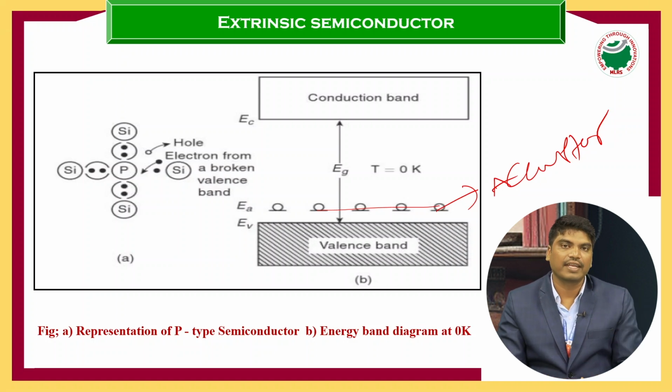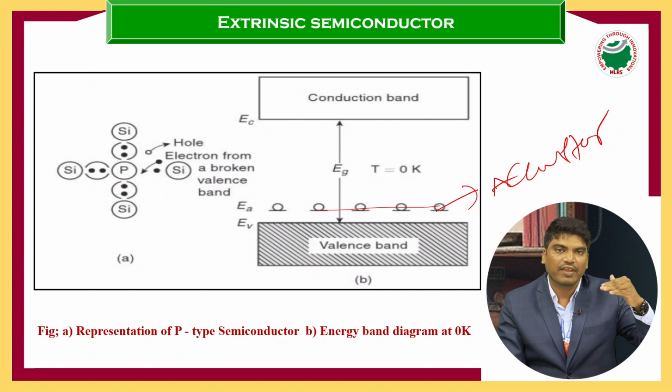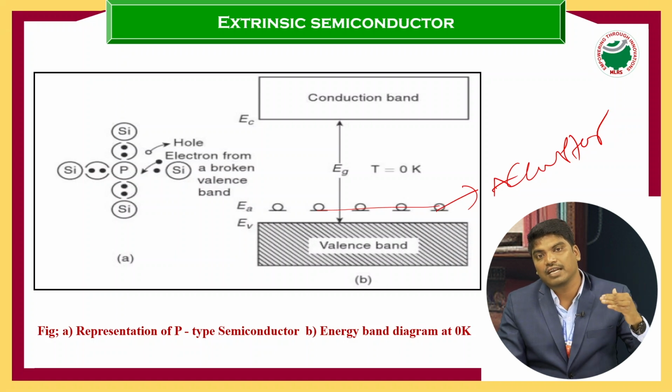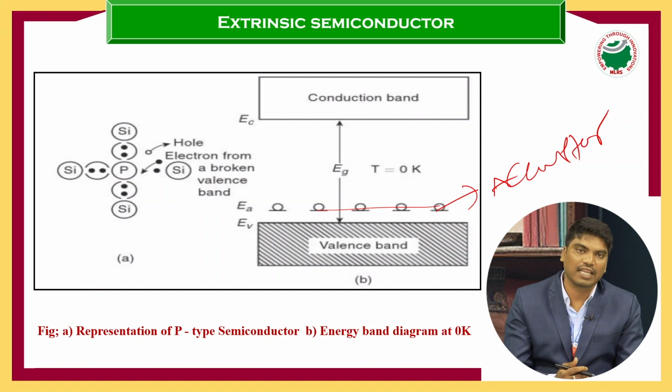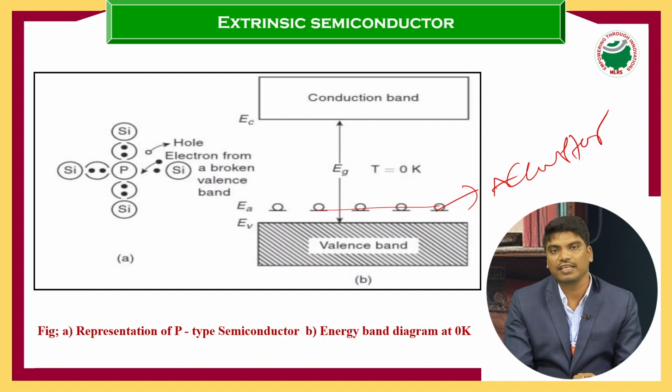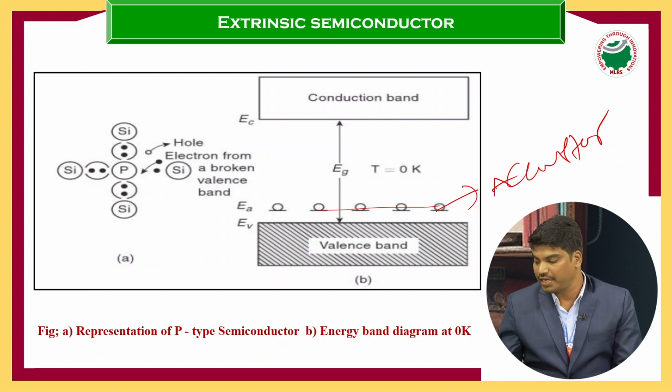In the N-type semiconductor, the number of electrons in the conduction band is always greater than the number of holes in the valency band, because of the excess electrons accommodated in the donor energy level. Then in the P-type semiconductor, if I increase the temperature, what happens?